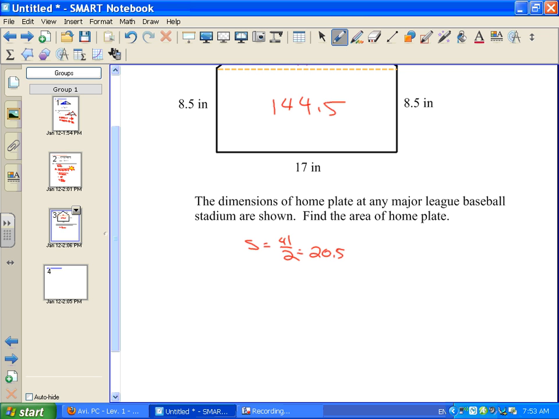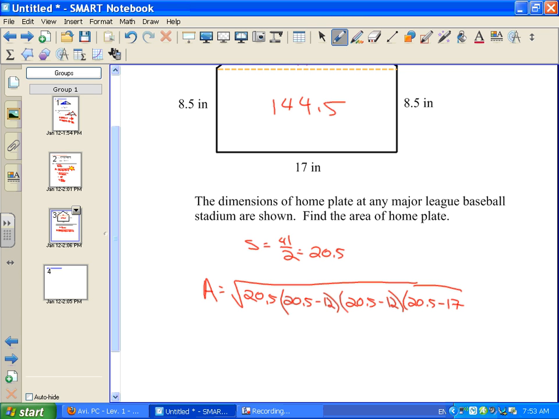So the area is going to be equal big square root of 20.5 times 20.5 minus 12 times 20.5 minus 12 times 20.5 minus 17. So 20.5 minus 17 is 3.5. 8.5. 8.5.